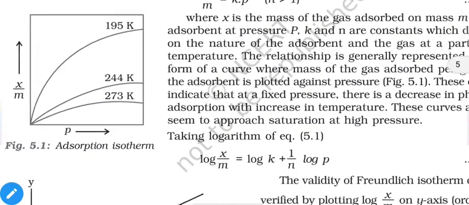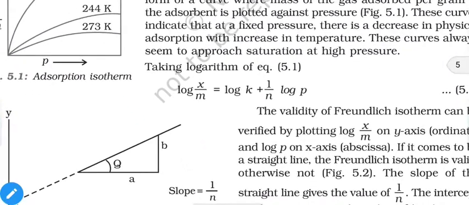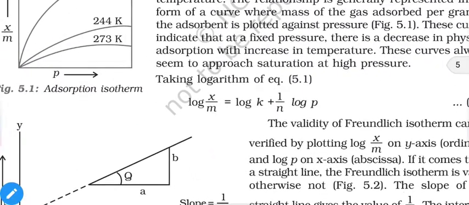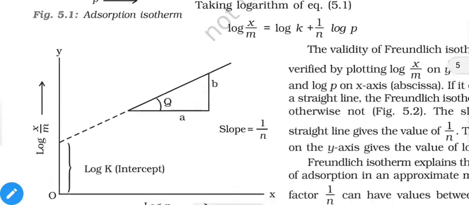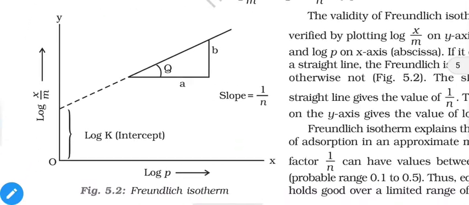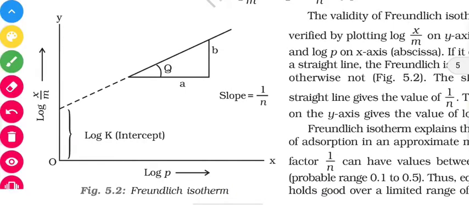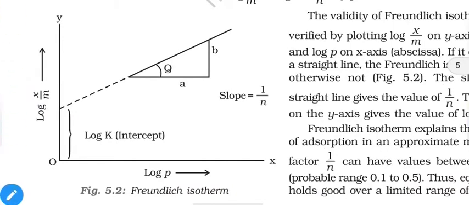So taking the logarithm of the whole equation, log x/m is equal to log k plus 1/n log p. Okay, so if we take the logarithm, then you will get this type of straight line graph, and the value of slope will be equal to the constant 1/n.